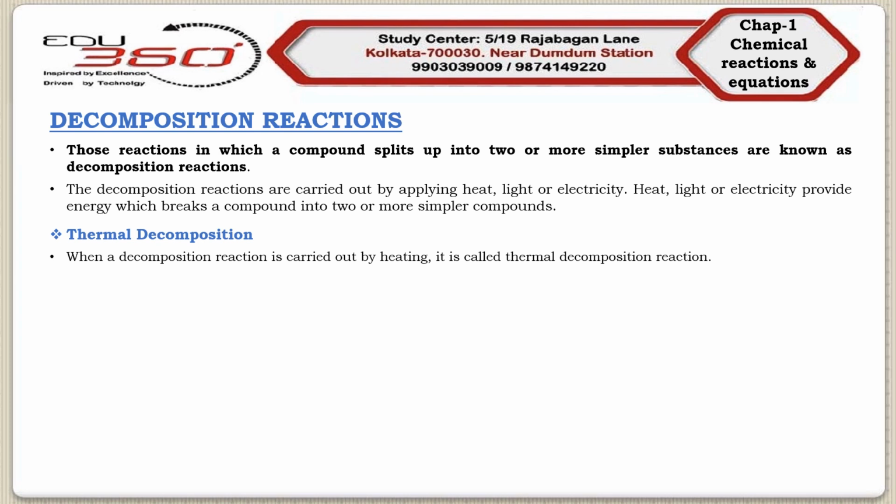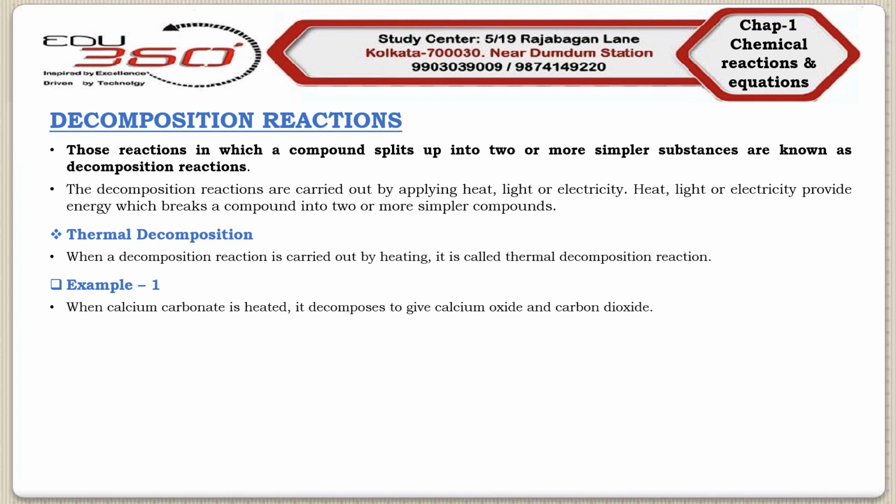Now let us consider the first example of thermal decomposition. In this example, we will heat calcium carbonate. It will decompose to provide calcium oxide and carbon dioxide. So we can say that when calcium carbonate is heated, it decomposes to provide calcium oxide and carbon dioxide.